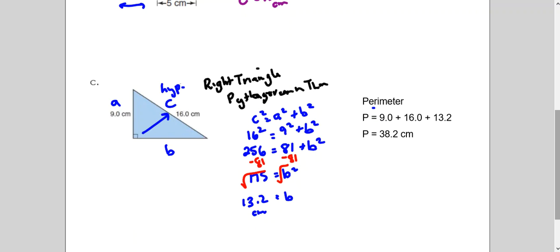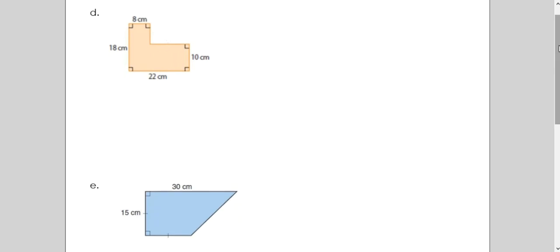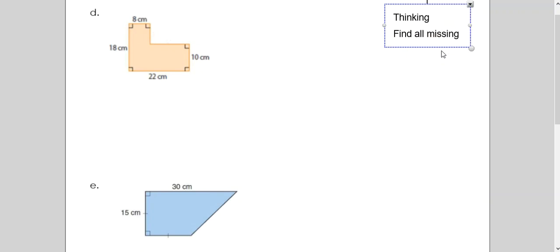Moving forward. Sometimes we have these irregular shapes. One of the things we have to worry about here is that you definitely want to find all missing sides. When you're doing that, make it visible on the shape.